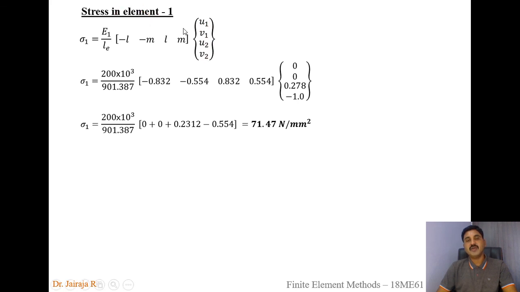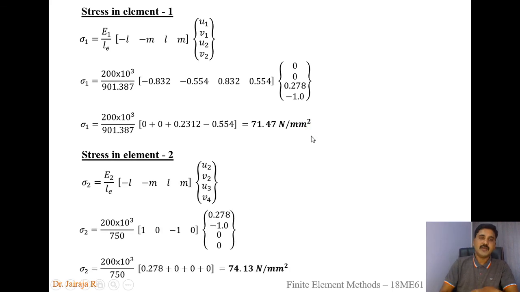Since element 1 is formed between node 1 and node 2, that's why it is u1, v1, u2, v2. Now we substitute all these values. After simplification, sigma 1, the stress for truss element 1, is 71.47 Newton per mm square.